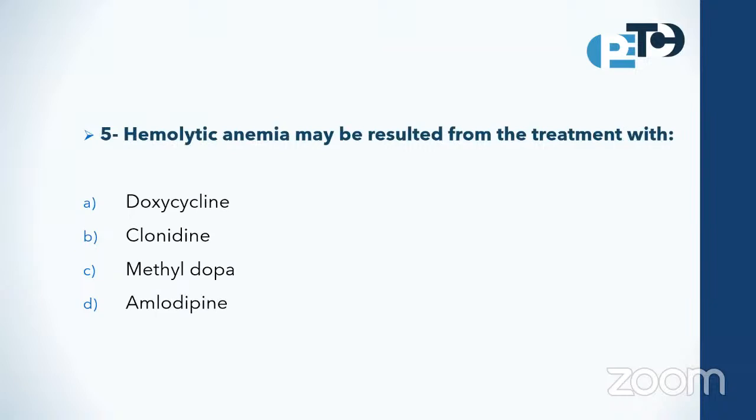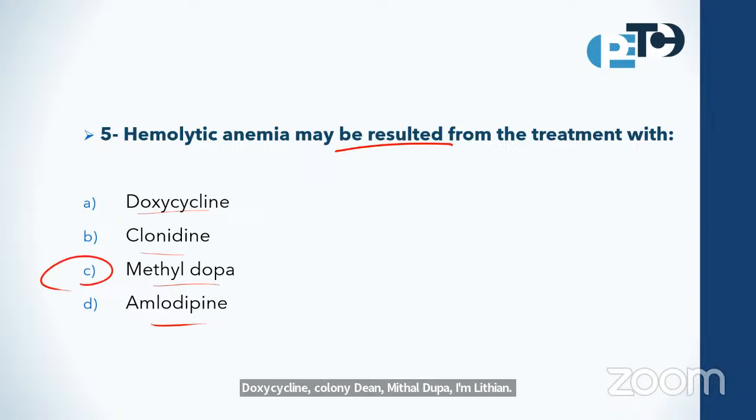Hemolytic anemia may result from the treatment with which one? Doxycycline, clonidine, methyldopa, amlodipine. Yes, it is methyldopa. Let us take a look at hemolytic anemia. What is this condition? It is a hemolysis of the blood.